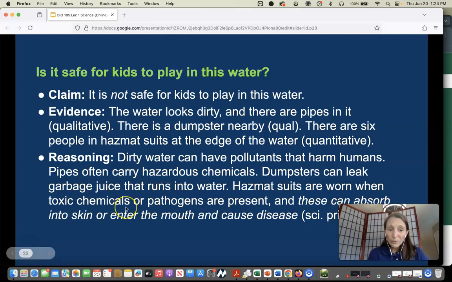Hazmat suits are worn when toxic chemicals or pathogens are present to prevent us from absorbing them into our skin or our mouth, right? Because they could potentially cause disease. So this is how you would use some of this science, some of this deductive reasoning in your everyday life to answer a very simple question like, is it safe for my kids to play in this water?